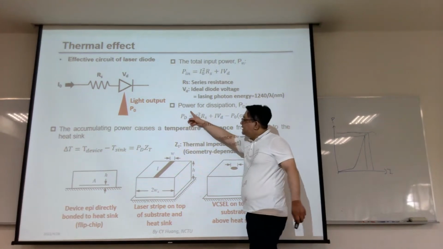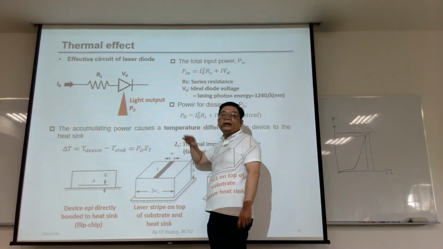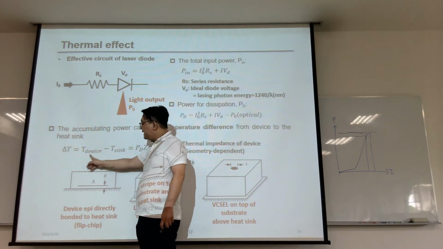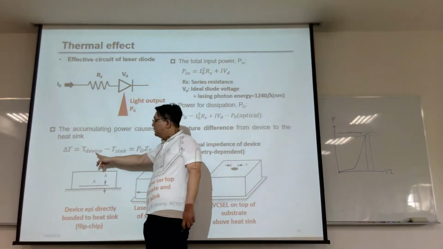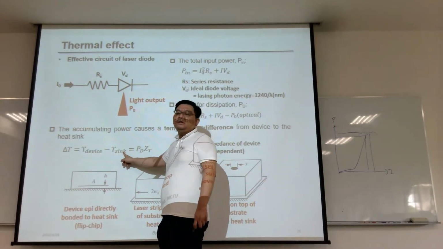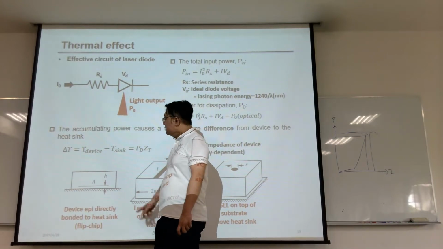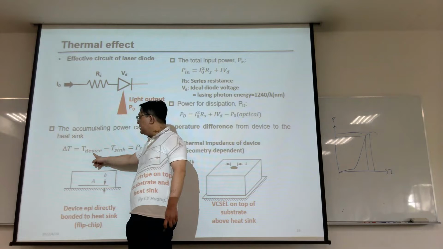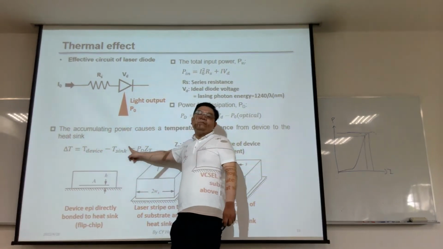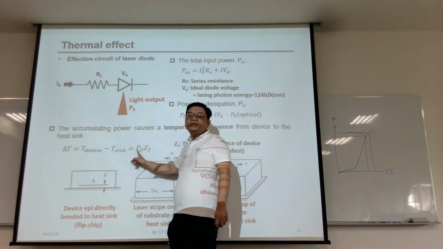Such energy will heat up your device, and that will make your device temperature different from your environmental temperature, which we can call the sink, the heat reservoir. Delta T is equal to T device minus the environmental temperature, and it will be proportional to PD.